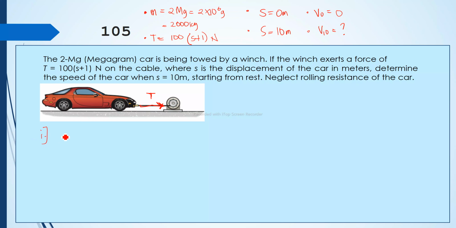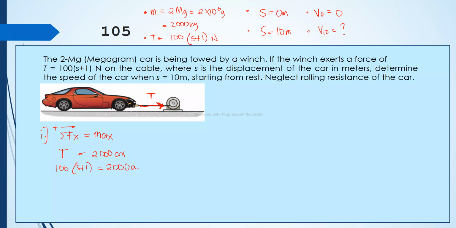We just write the summation of forces along x equal to the mass times the acceleration along x, positive to the right. The forces along x, we have a tension, and that's all. It's equal to the mass, 2,000 kilograms, times the acceleration along x. Our tension is equal to 100 times S plus 1, equal to 2,000 times the acceleration.